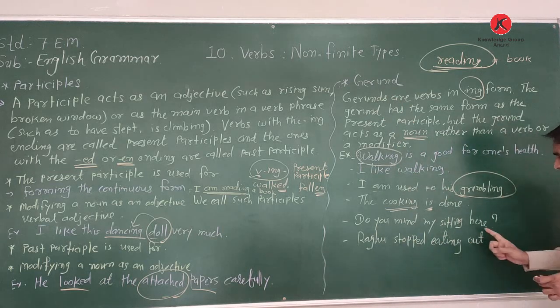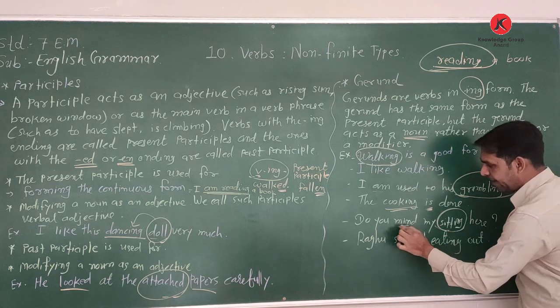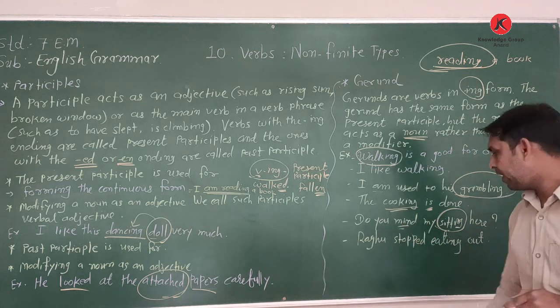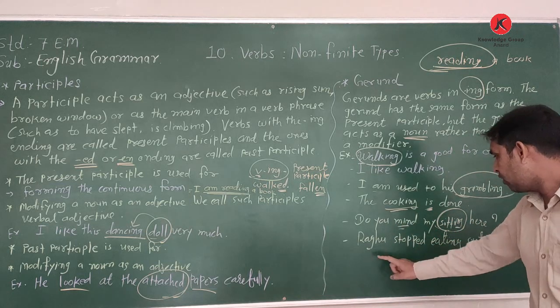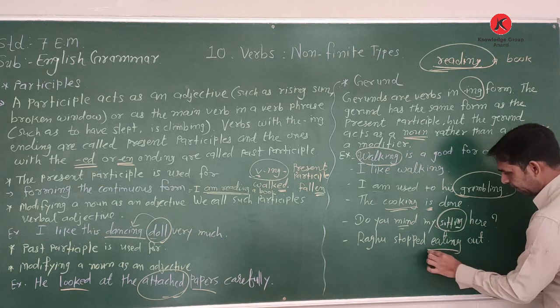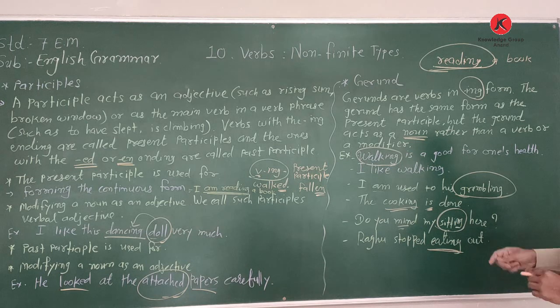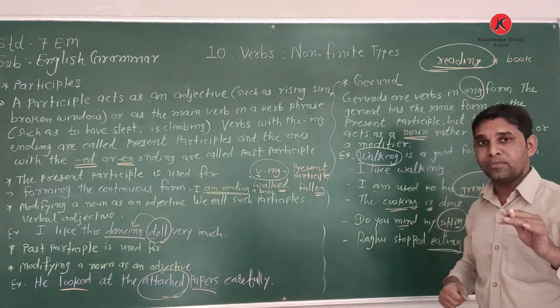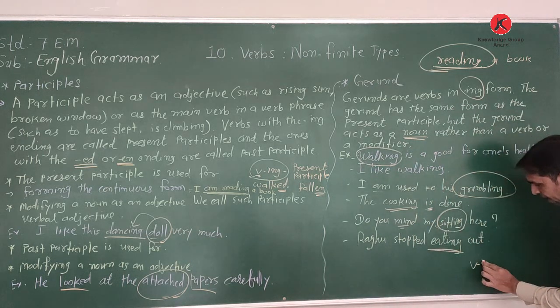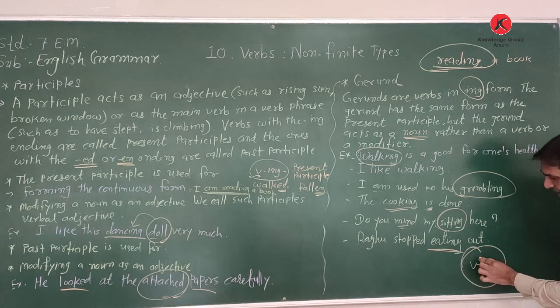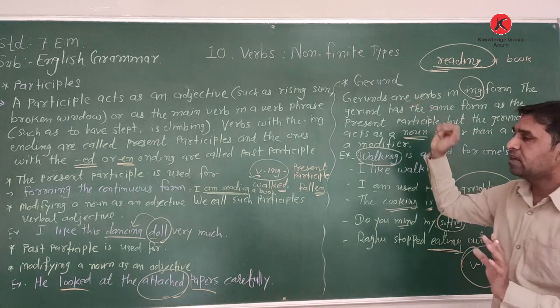Do you mind my sitting here? Mind is the verb, and sitting has the role of a gerund. Raghu stopped eating out. Eating is a gerund. So a gerund performs the role of a noun; a verb with ing in a sentence is called a gerund.